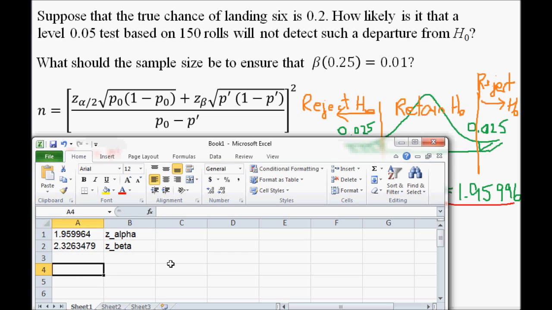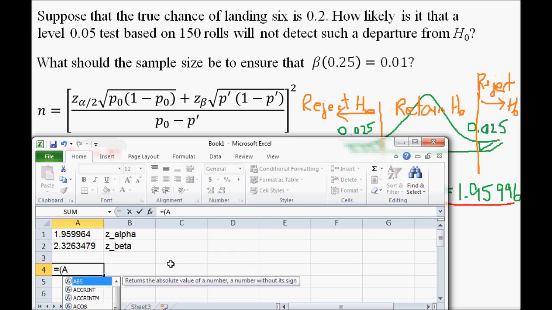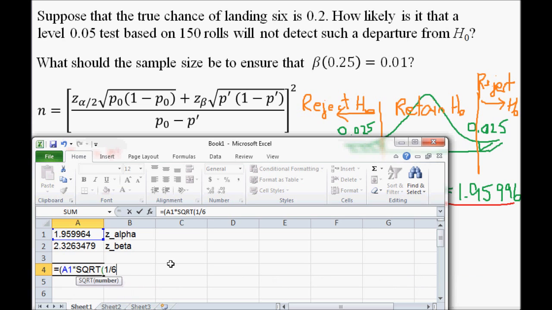And so finally our answer is going to be z alpha times the square root of 1/6 times 5/6 plus z beta times the square root of 1/4 times 3/4, divided by p naught minus p prime, and then this whole thing has to be squared.